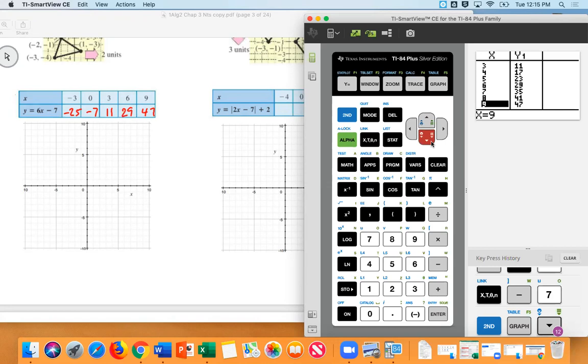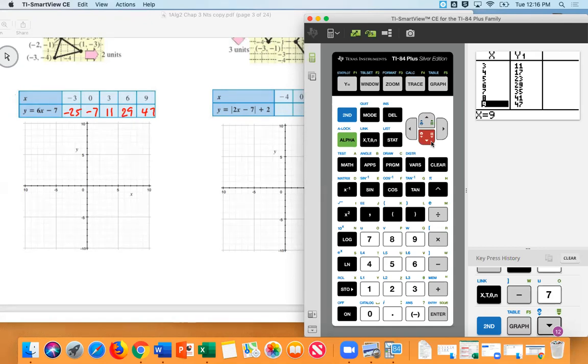Sometimes it's a little quicker, sometimes it takes a little longer. In this one, I think it's quicker to do it using the table. The second one is going to be harder using the table.